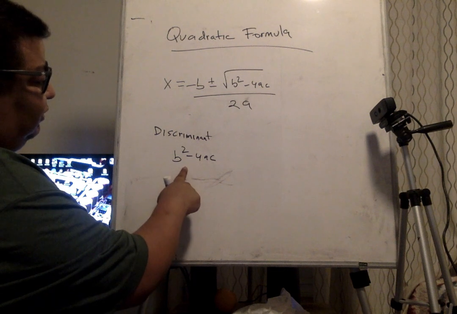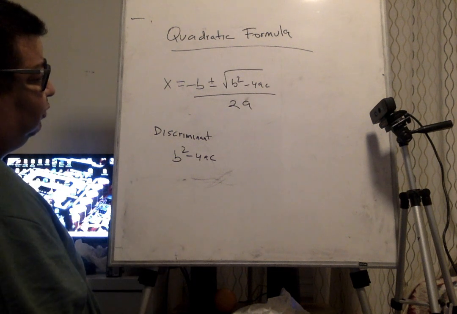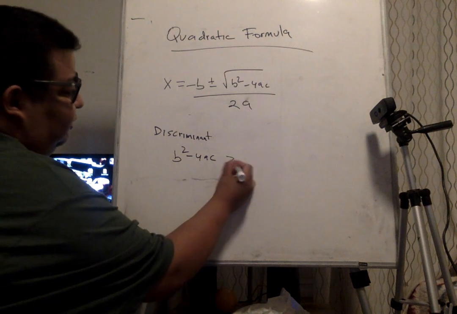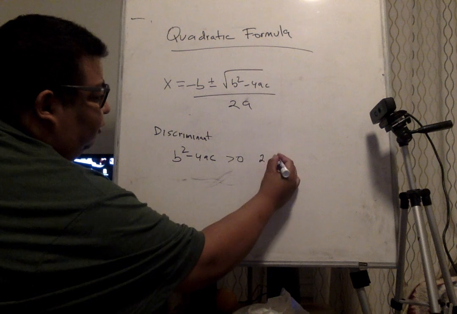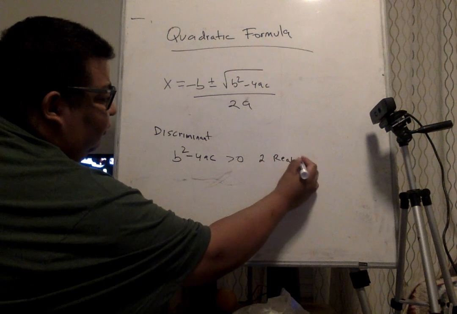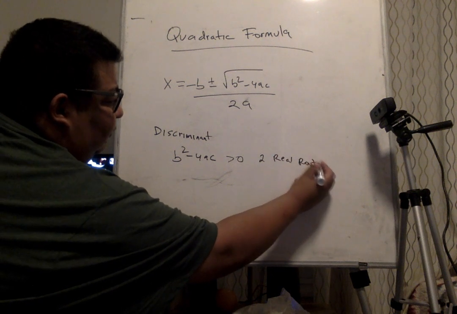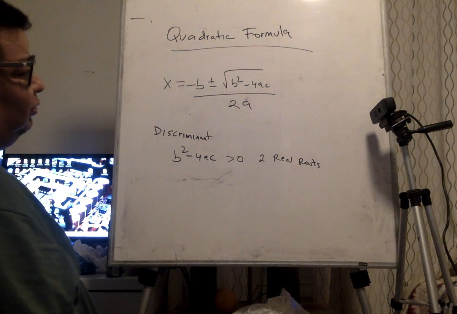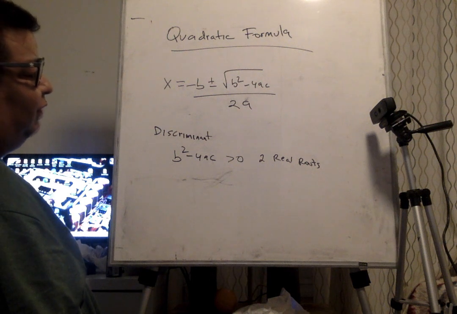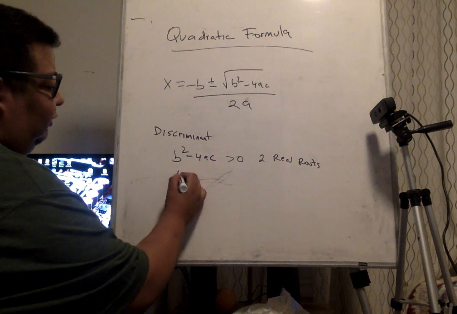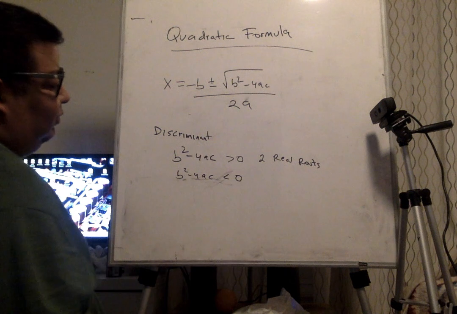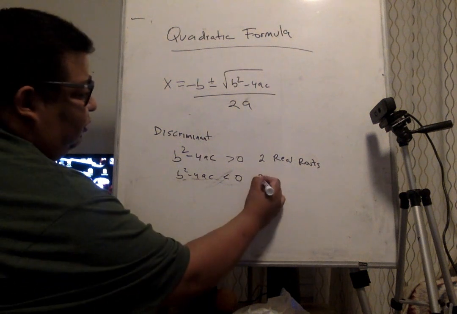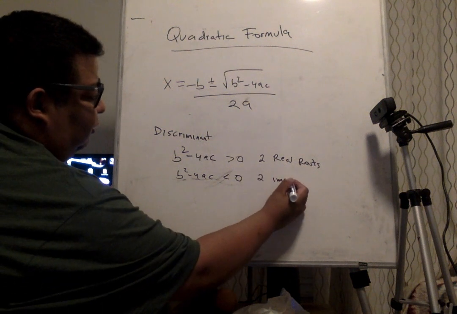If this value is greater than 0, then you have 2 real roots, like positive 5 and negative 5, stuff like that. But if b squared minus 4ac is less than 0, then you have 2 imaginary roots.